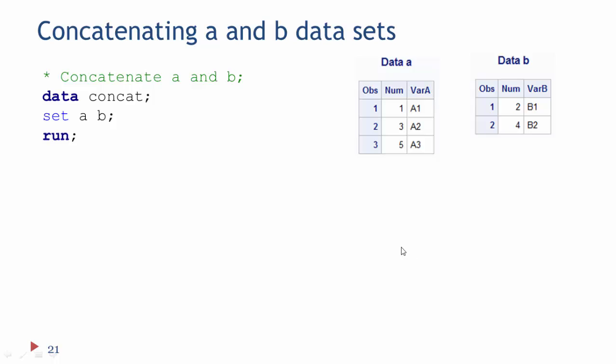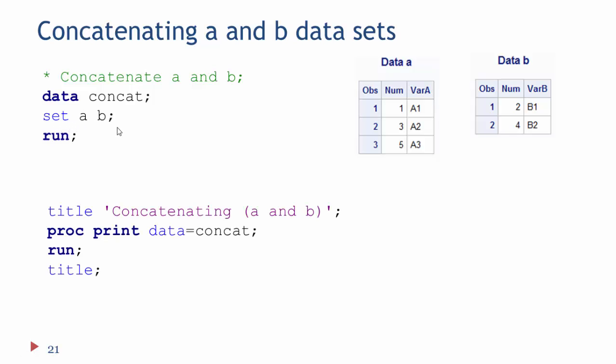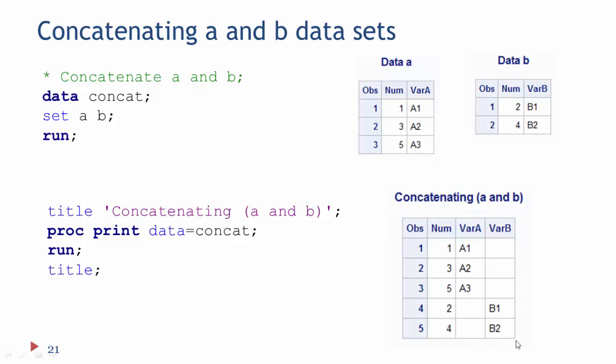So now we will use the A and B datasets that we have created earlier to see how concatenating works. We have these two datasets, and we are creating a concat dataset by issuing the statement set AB. So we are concatenating A and B. And when you print the concat dataset, we get this combined dataset.